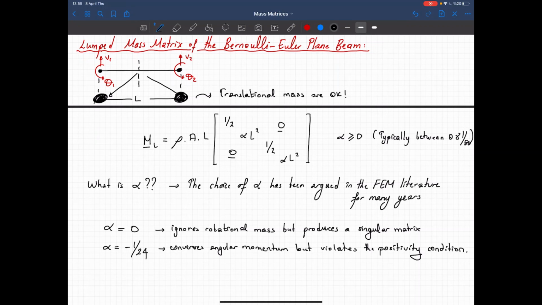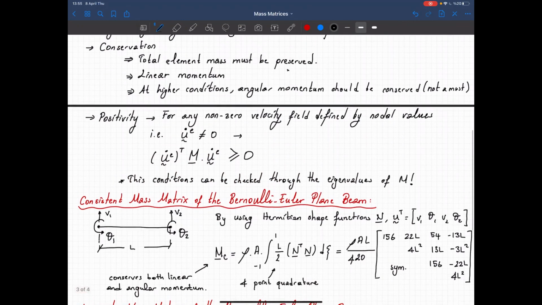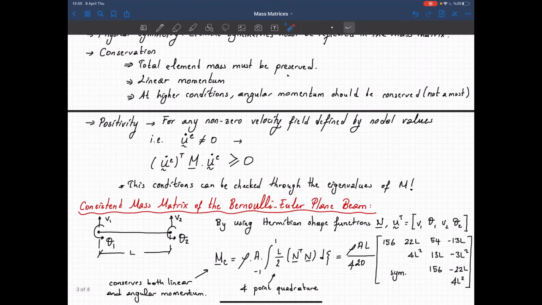Okay, so usually we use the lumped mass matrix, but for the energy equivalent, that should be the matrix to be used. It's the consistent mass matrix.